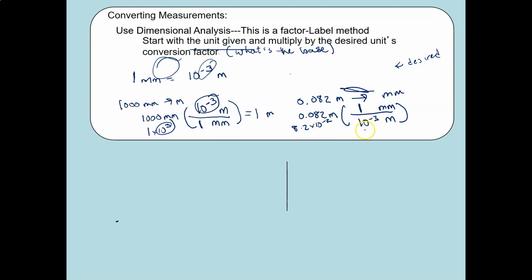And if I am dividing, I can just look at this value and this value. When I divide, I subtract. So minus 2 minus a minus 3 gives me 1. So now I will be 8.2 times 10 to the 1 millimeters, which is the same thing as 82 millimeters. No calculator necessary. We are in powers of 10.